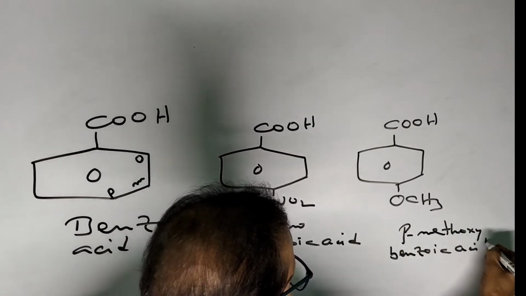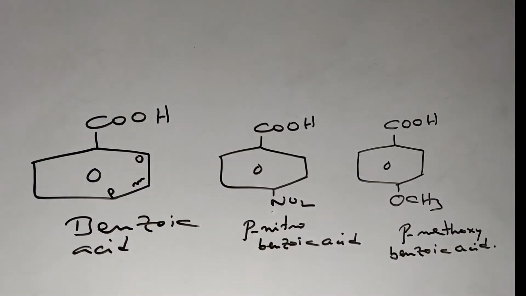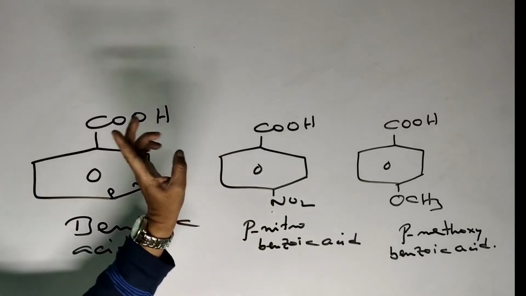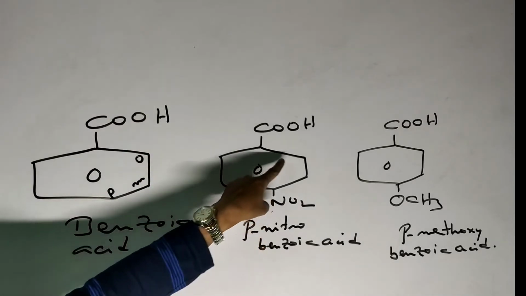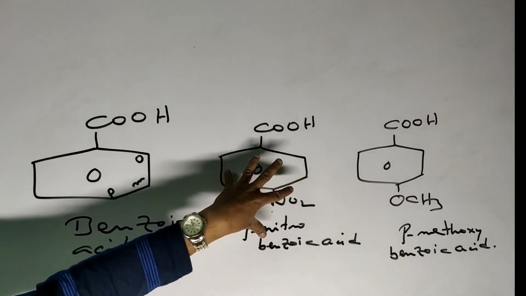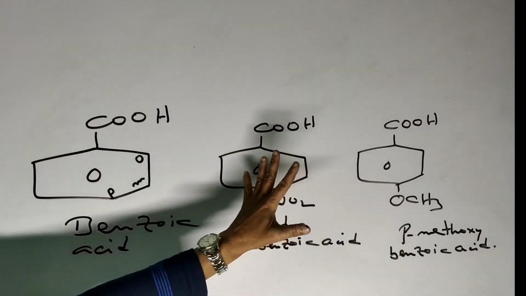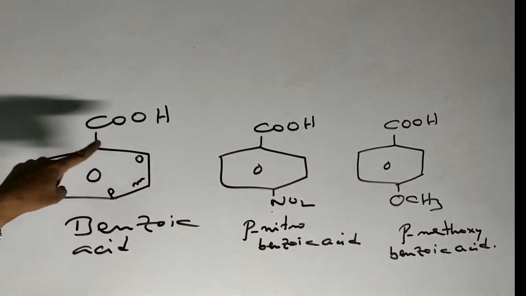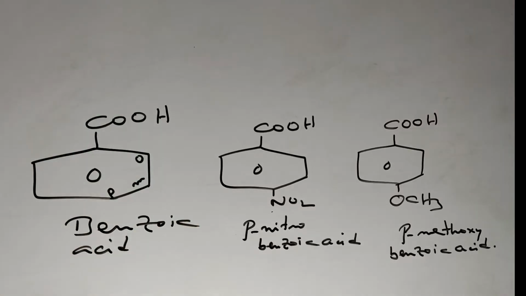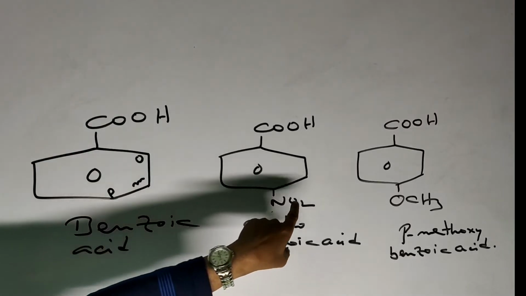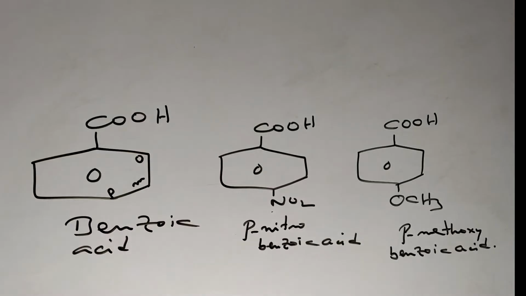So the question is how the presence of substituents on the benzene ring affects the acidity of aromatic carboxylic acids. If this type of question comes, at first see which substituents have electron donating nature and which have electron withdrawing nature.